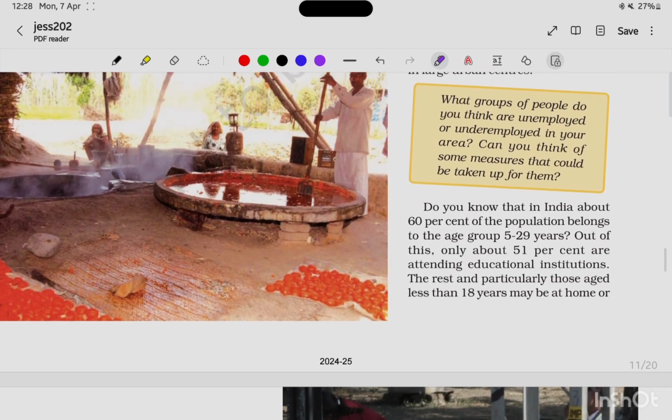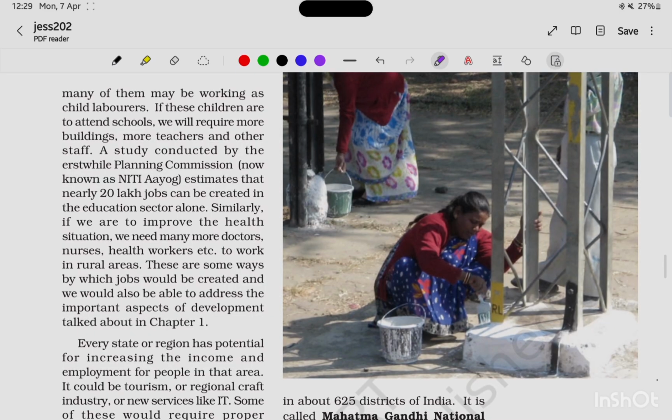Now, do you know that in India, about 60% of the population belongs to the age group of 5 to 29 years? Out of these, only 51% are attending educational institutions. The rest, particularly those aged less than 18, may be at home, or many of them may be working as child laborers.